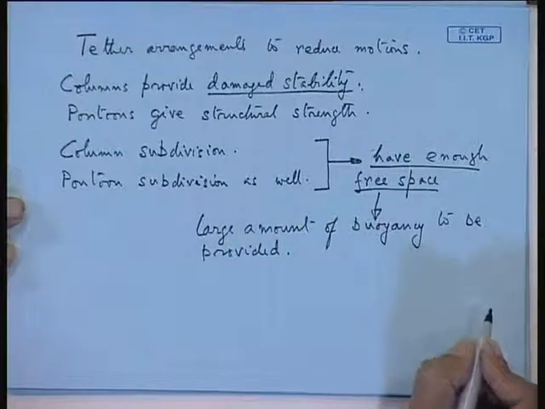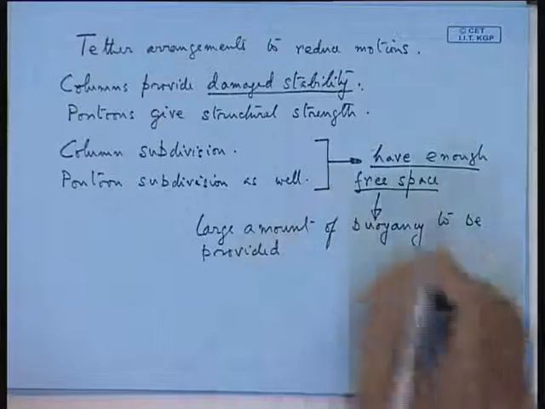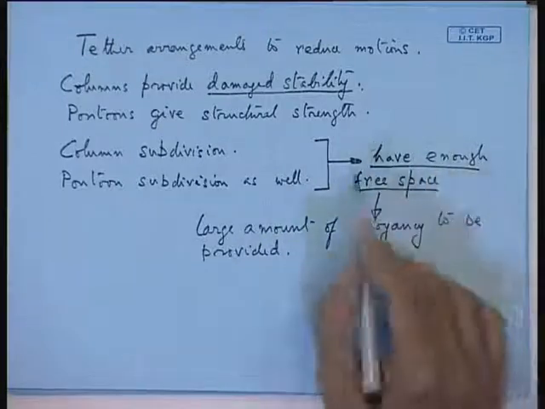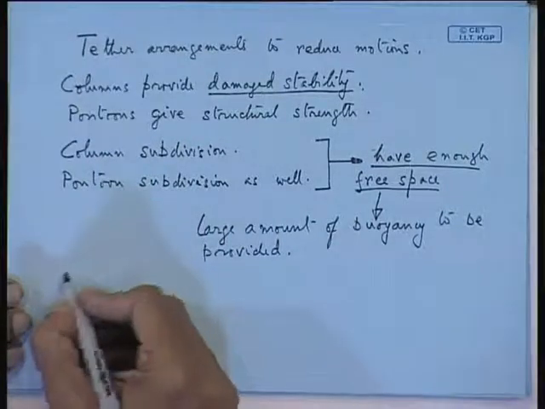So, basically you have to have enough buoyancy to support your tendon tension and the weight of the platform and of the payload, etc. So, for all these things we have to have sufficient free space, and also the riser configuration.